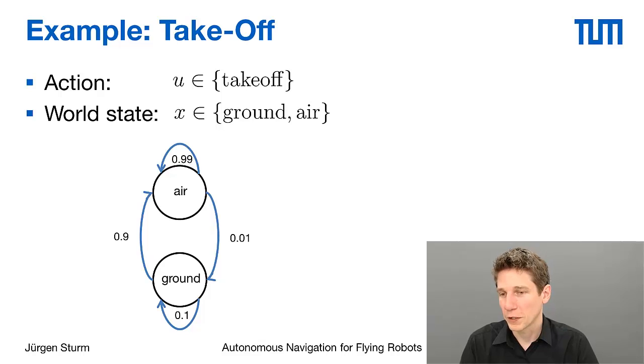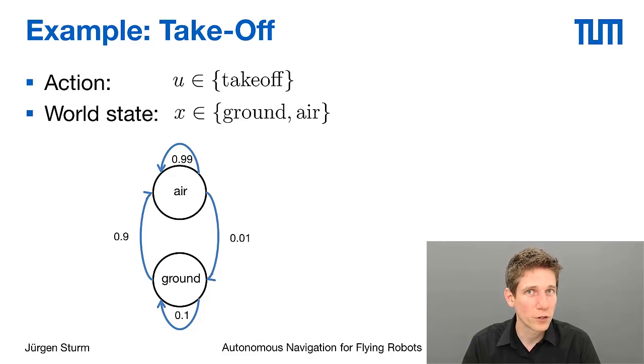When we are, for example, located on the ground and we execute the takeoff command, then with a probability of 90% the quadrotor will actually take off, but with a probability of 10% it will still stay on the ground. This could have various reasons. For example, it might not receive this command because the wireless connection is temporarily blocked, or the battery might be empty.